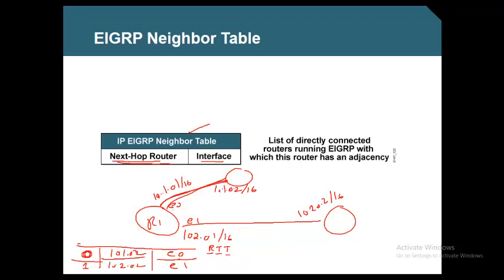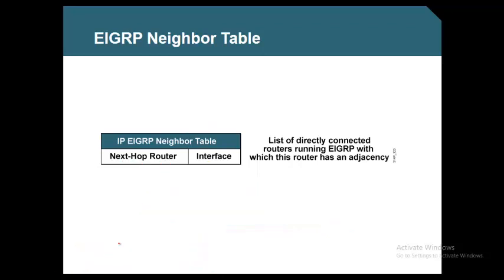How long it takes to talk and get the response from this guy, and how long it takes to get response from this guy. That information will also be seen there. So the neighbor table will have the list of directly connected routers that run EIGRP with which the router has already formed adjacency, already formed a neighbor.